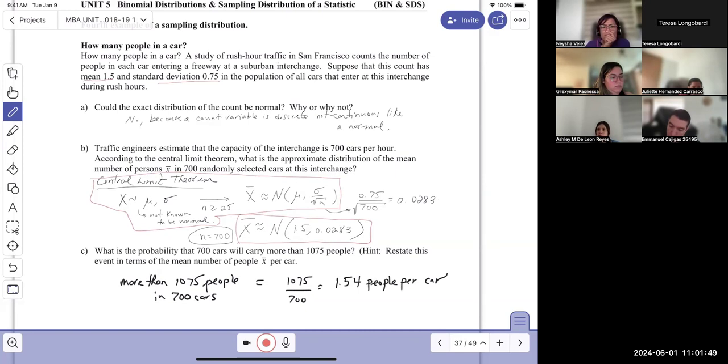Is that right? So the problem will be solved using this, which is the mean number of people in a car. This is the total number of people in a car. This is the mean number of people in a car looking at 700 cars. Okay, out of 700 cars. That's what it is.